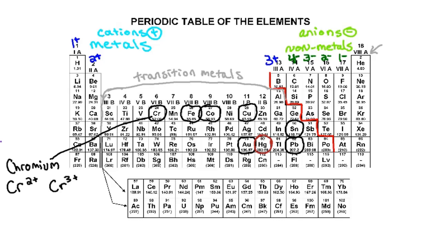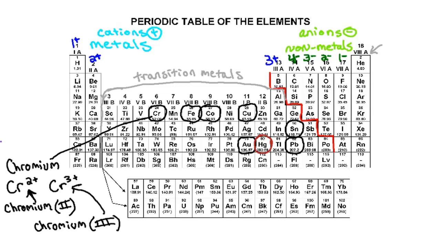So we're going to call this chromium, and then in parentheses afterwards we're going to put the Roman numeral 2, and that means the chromium with a +2 charge. And we're going to have chromium with the Roman numeral 3 to stand for the chromium that has a +3 charge.